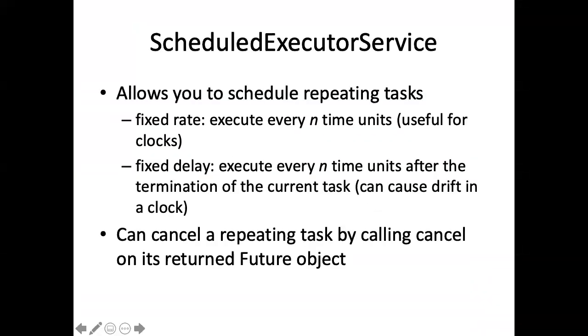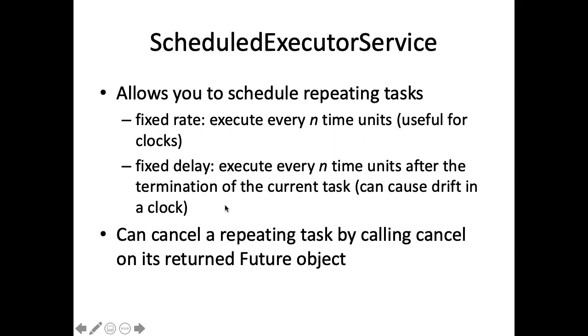This is a repeating event, and you can cancel a repeating task by calling cancel on its returned future object. And in fact, as we'll see, you can schedule something that will kill off a task in the future.